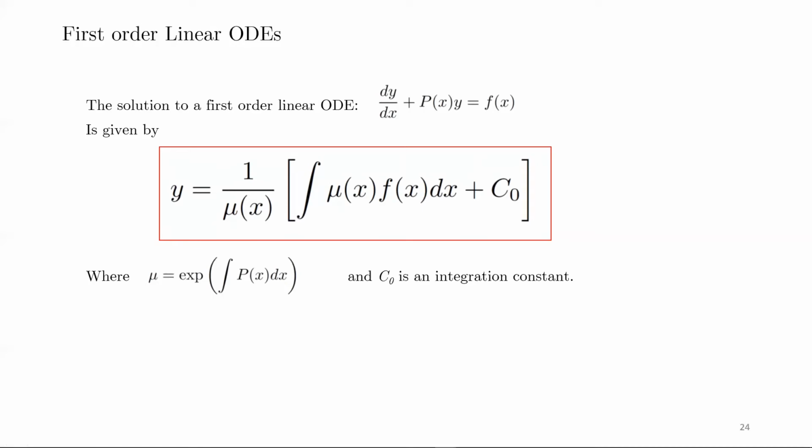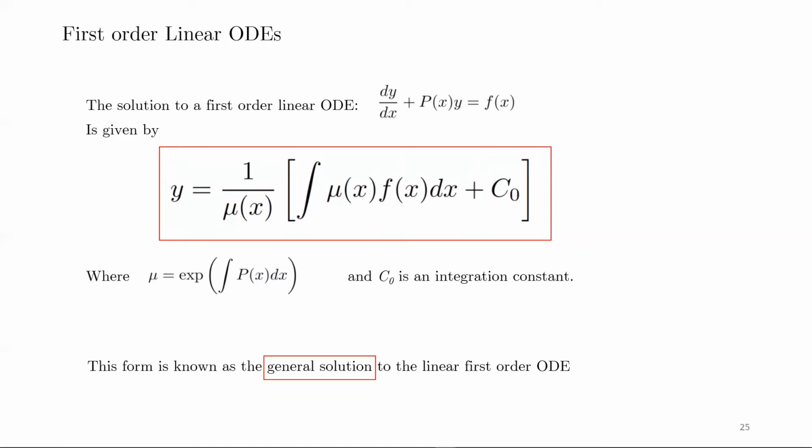So let's look at a couple of examples. Okay, well, this is known as the general solution to the first order linear ODE. So let's look at a few examples now.